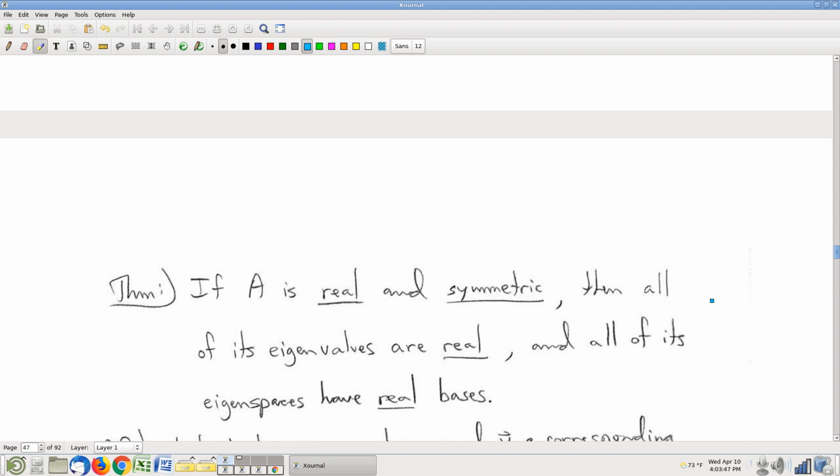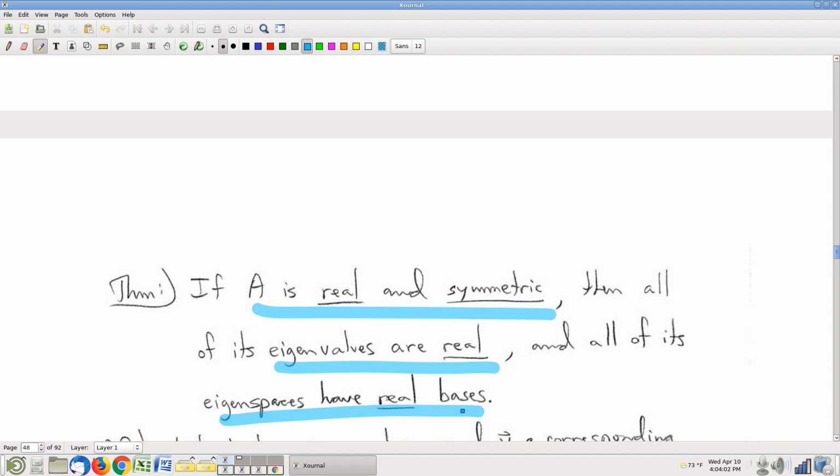First theorem: if you have a real symmetric matrix, don't forget that means it's Hermitian, then loosely speaking, the eigenvalues are real, and I'm going to say loosely speaking, the eigenvectors are real. Now, this should come as quite a shock. In fact, you should be a little bit suspicious. After all, we've found eigenvectors and eigenvalues before. They weren't always real.